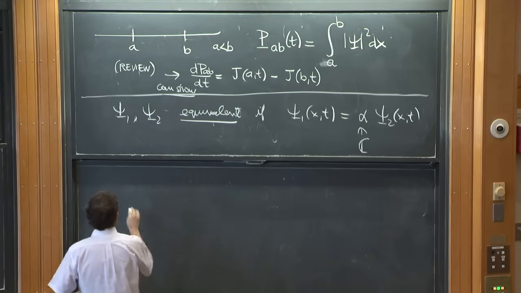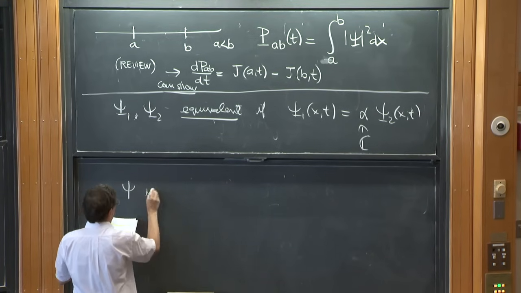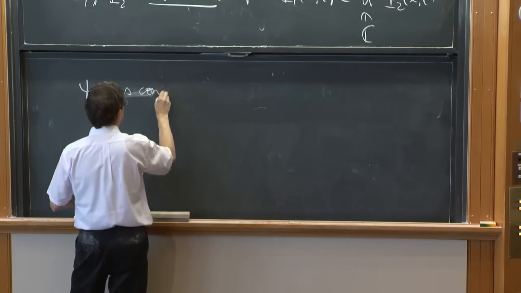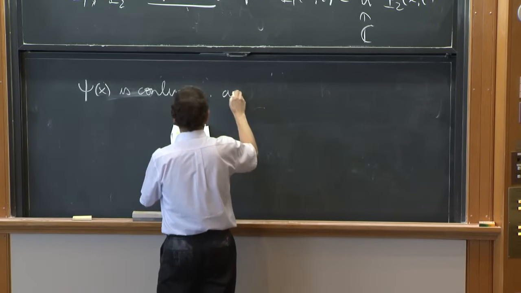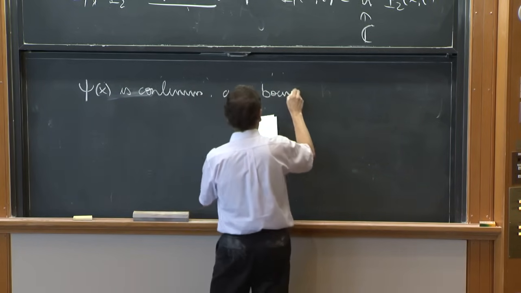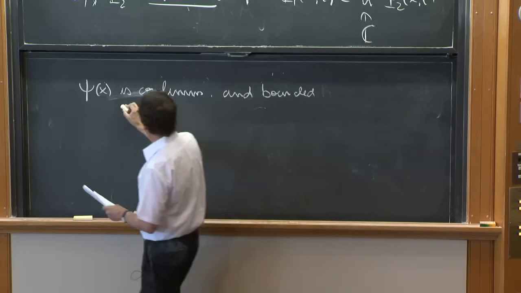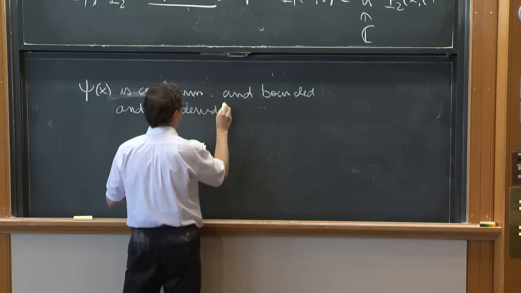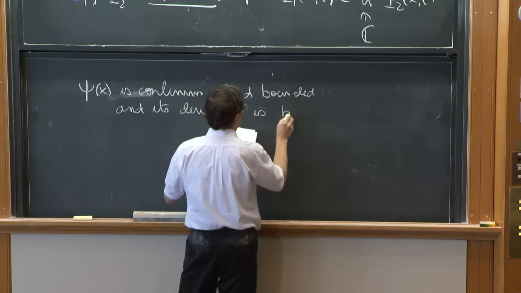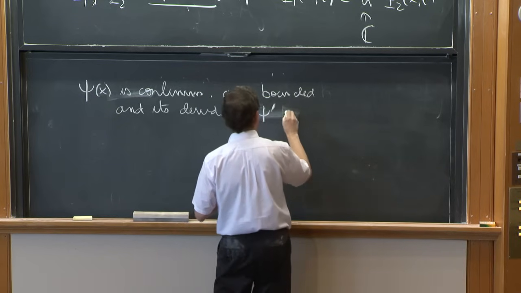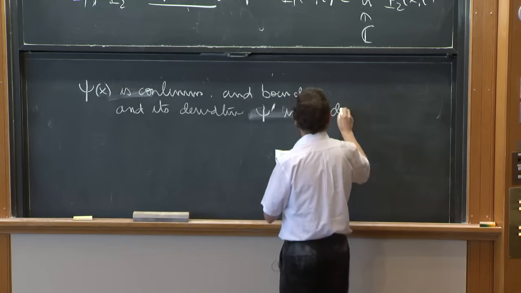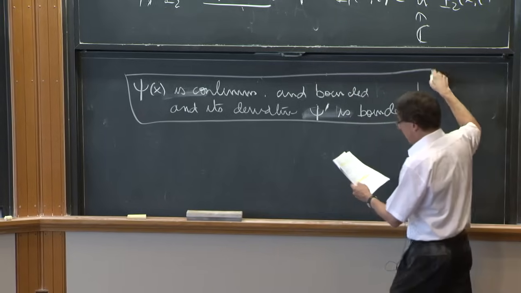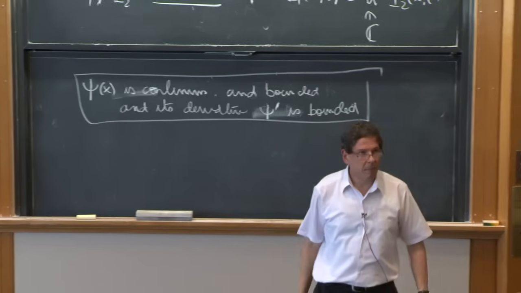So psi of x is continuous and bounded, and its derivative, psi prime, is bounded. What about the behavior at infinity?